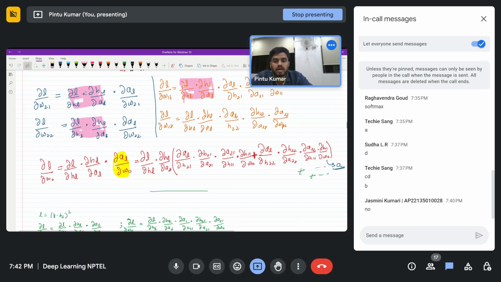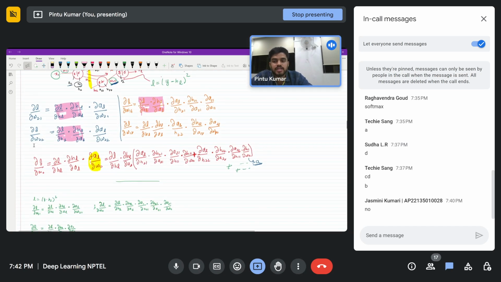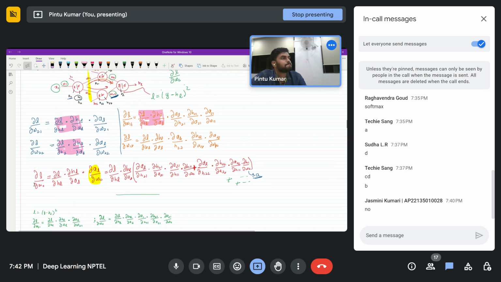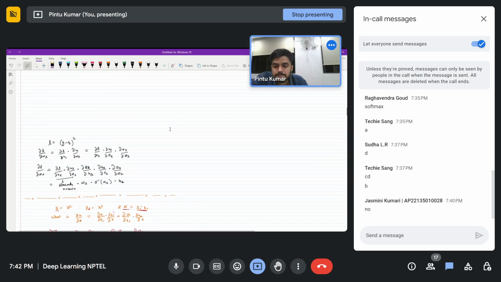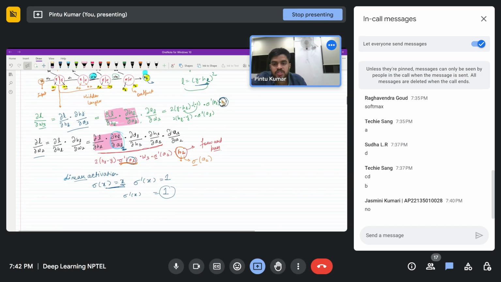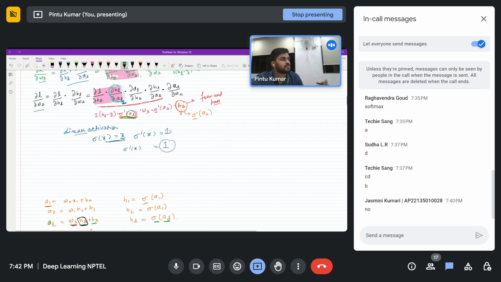Can you guys please look at this del L by del W naught? In this term, you see that wherever we have a term like del H by del A, that thing is replaced by sigma dash at that point, where sigma is your activation function.